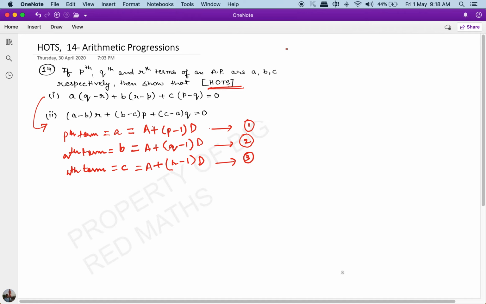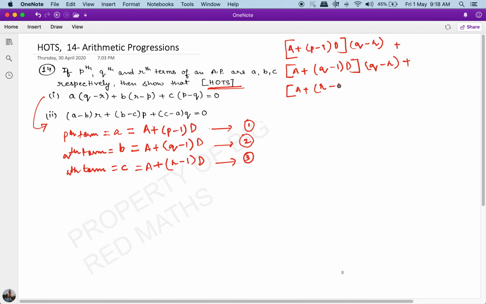Okay, so A is capital A plus P minus 1 into D, this whole thing multiplied with Q minus R. Okay, plus B, I'm again replacing it as A plus Q minus 1 into D multiplied with R minus P, plus C is A plus R minus 1 into D multiplied with, sorry, this is R minus P. Okay, and this is P minus Q.